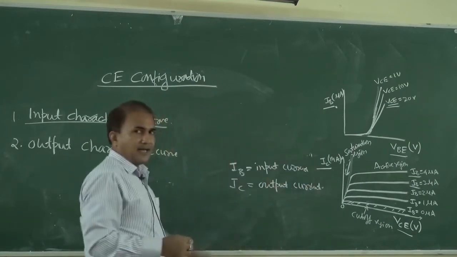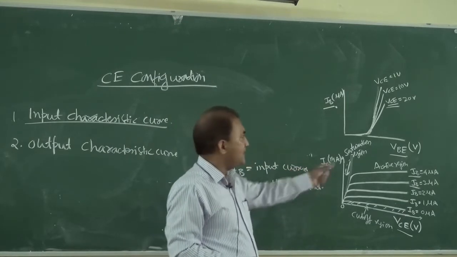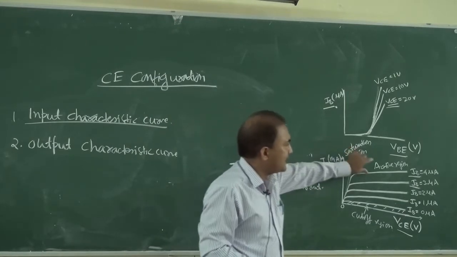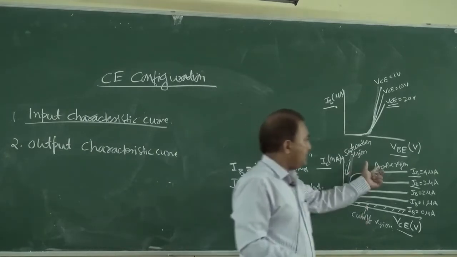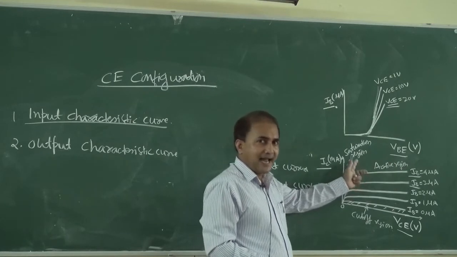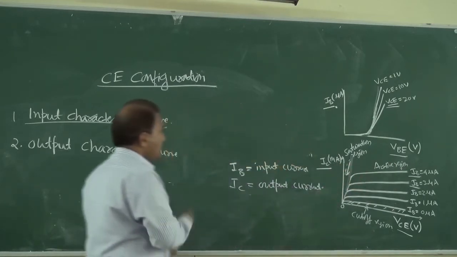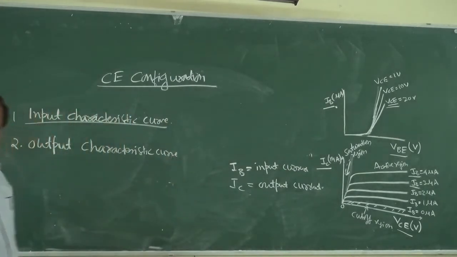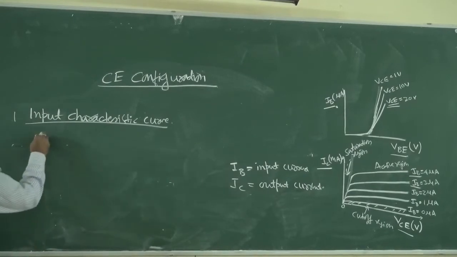In this figure we are seeing three regions of operation. The first one is the saturation region, this is the active region, and this is the cutoff region. Amplification of a signal can be achieved in the active region of operation only. From the input characteristic curve we can determine the input resistance Ri.